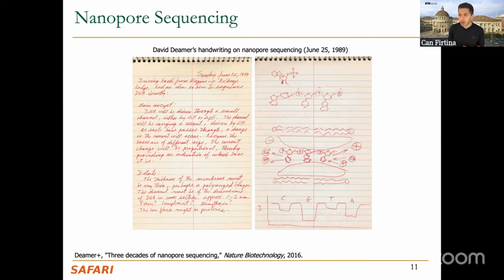Can we create an environment so that the charges in the DNA disrupt the ionic current flow around the region where this DNA would be moving, so that this disruption would be informative for us to tell what sort of base is moving at that particular time?